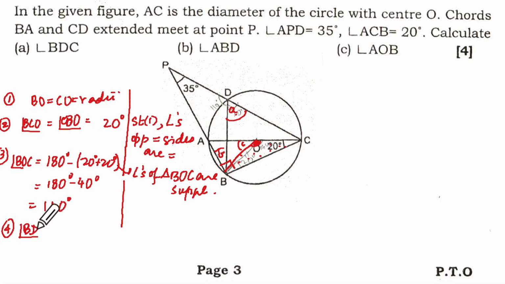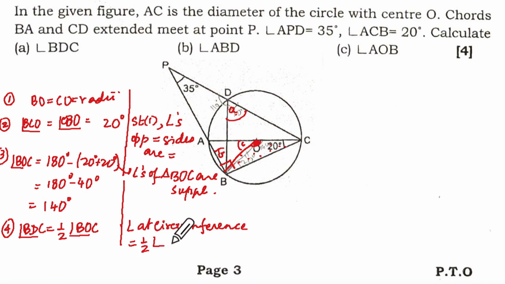Angle BDC will be half of angle BOC, and the reason will be angle at center is twice angle at circumference. Your teacher said to write that only, no? Yes. Equal to half angle at center.